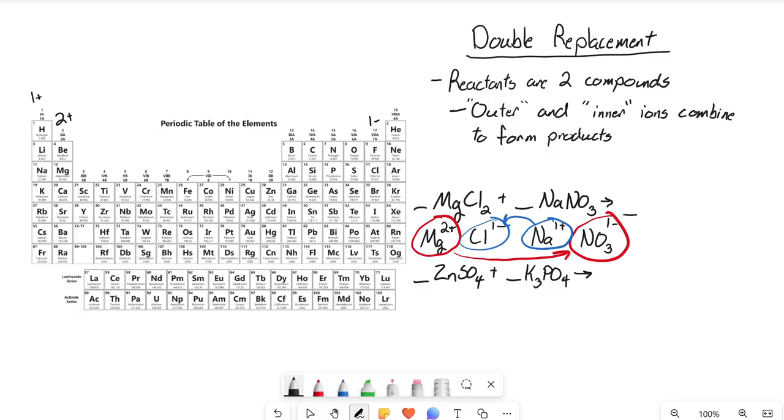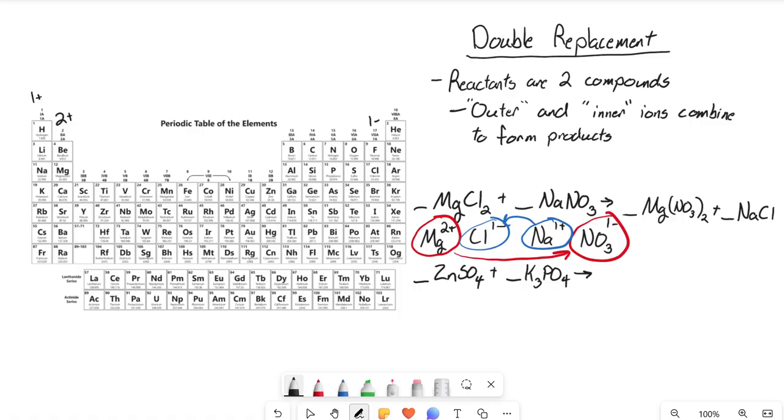Magnesium with its 2 plus charge and nitrate with its 1 minus. So if we crisscross those charges, we end up with Mg(NO3)2, like so. Now if we consider the inner ions, the sodium and chlorine here, they'll combine to make our other product, sodium chloride.